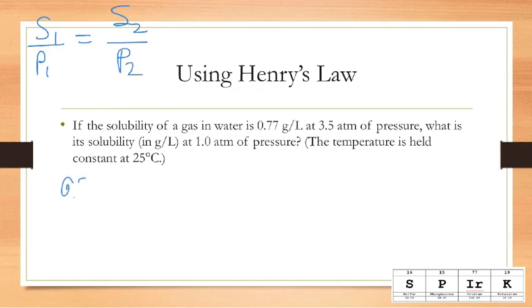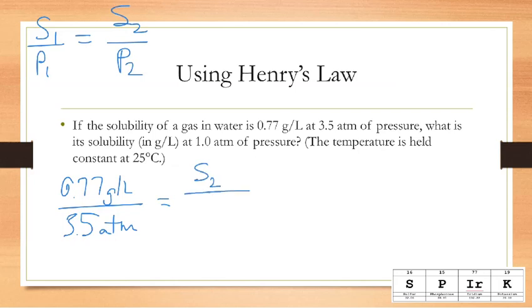We have 0.77 grams per liter over 3.5 atm, equal to S2, which is what we're solving for, over 1.0 atm. When we cross multiply, divide, and solve for S2, we get 0.22 grams per liter. So when the pressure is decreased from 3.5 atm to 1 atm, only 0.22 grams per liter of this gas will dissolve.